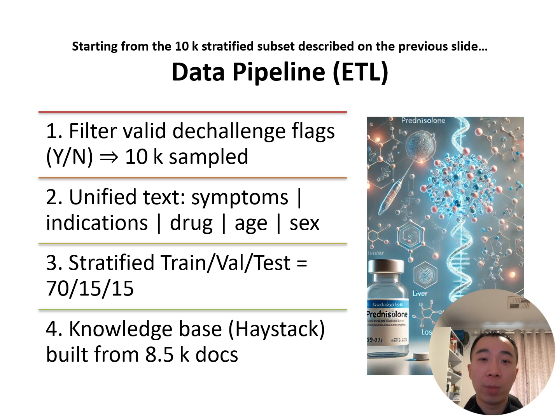A stratified split was performed to create the train, validation, and test sets. We loaded the train and validation cases, about 8,500 in total, into a Haystack vector database to support RAG-based similarity retrieval.